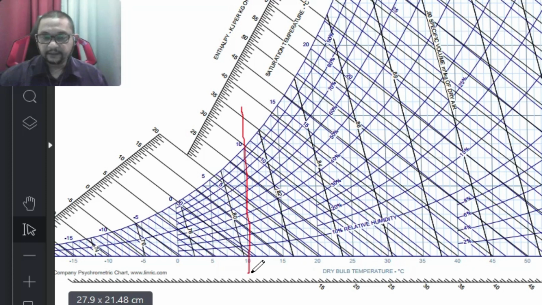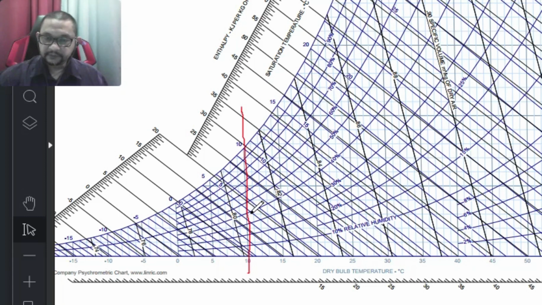And then another property is phi, relative humidity. The relative humidity is 40%. This is the line of 40%.